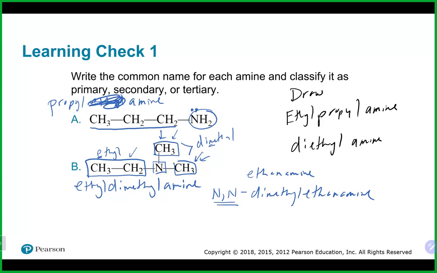Really, what the Ns mean is basically the groups are attached to the nitrogen. They're not attached to the longest carbon chain or anything like that. As we were talking about earlier with that other question, typically numbers are reserved for groups that are attached to carbons. For some other things, they sometimes use different ways to name them. But for us, you won't have to worry about going that way. We will go with the common name here for our amines.